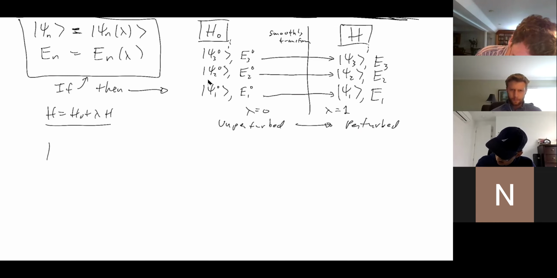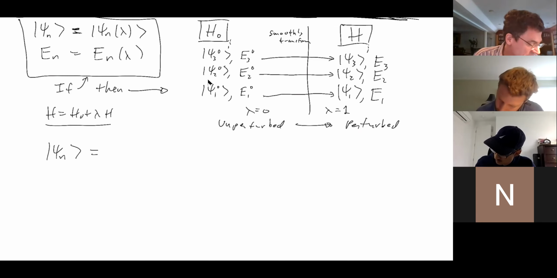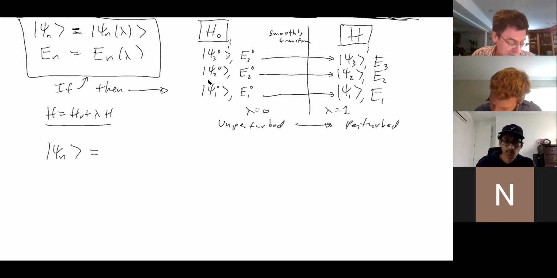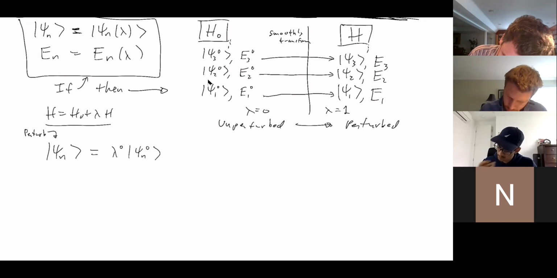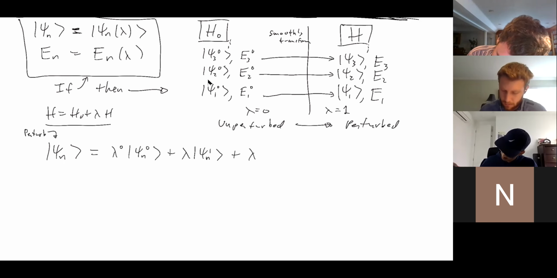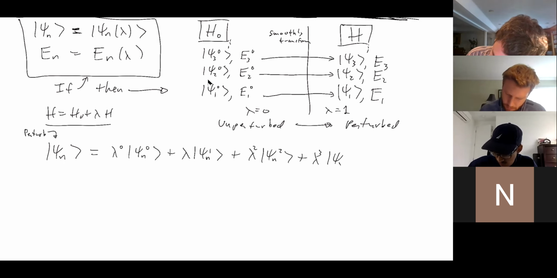I can say that psi n, the perturbed state, can be written as a Taylor expansion: lambda to the 0th power times psi n0, plus lambda times psi n1, plus lambda squared times some psi n2, plus lambda cubed times some psi n3, plus dot dot dot all the way to infinity.